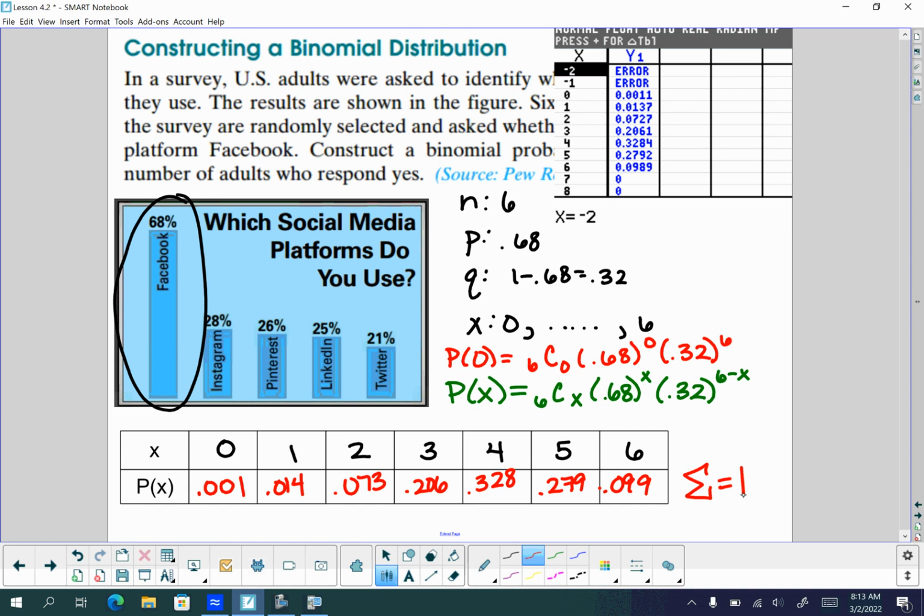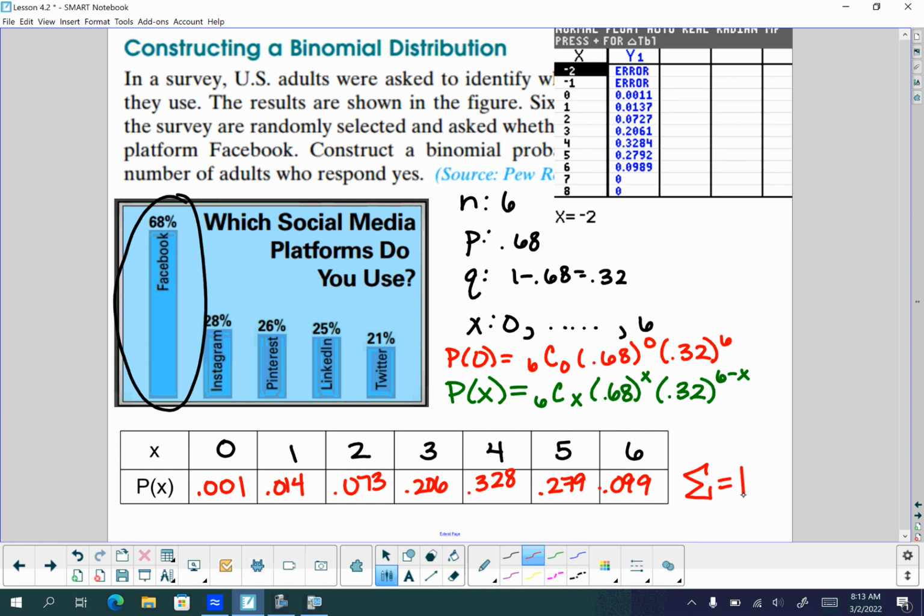Something weird happening? Yeah, hit second window. Hit set. Table start 0. Yeah, you're good. Okay. Any other questions on that?